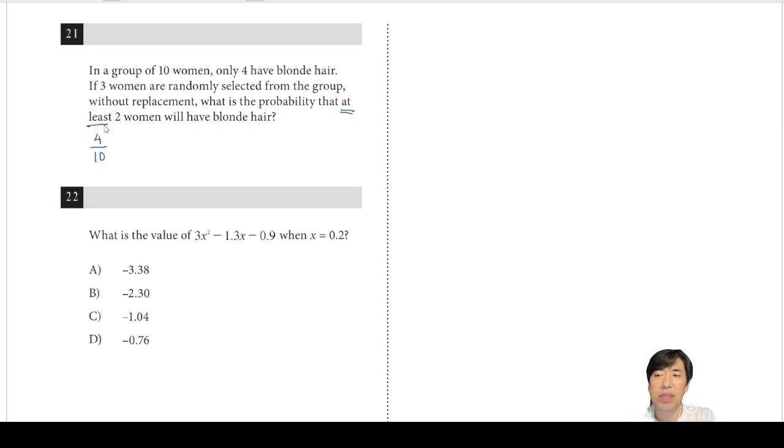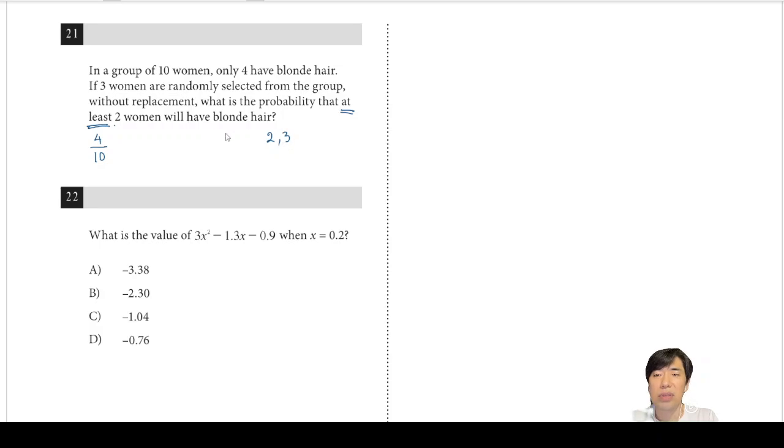So remember I said whenever you have at least, do the opposite case. 1 minus the probability of the opposite case, okay? So at least 2 means 2 blonde hair. We're choosing 3. 2 blonde hair or 3 blonde hairs.